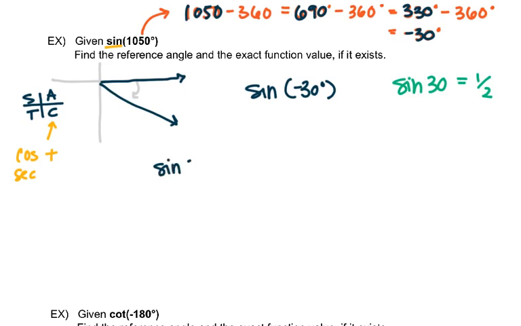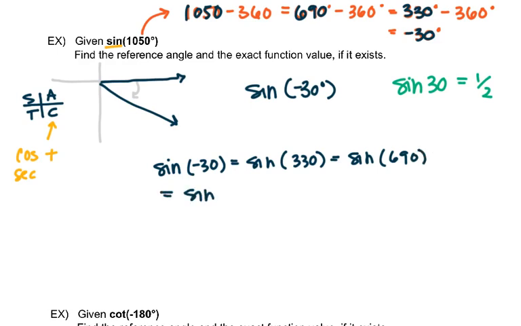So sine of negative 30 equals sine of 330 equals sine of 690 equals sine of 1050.